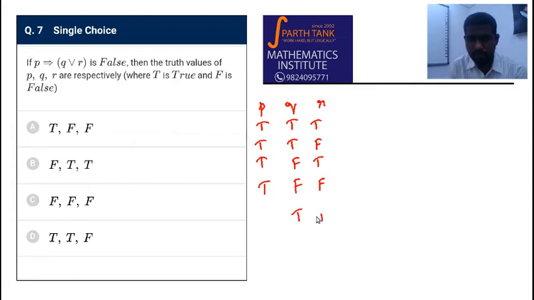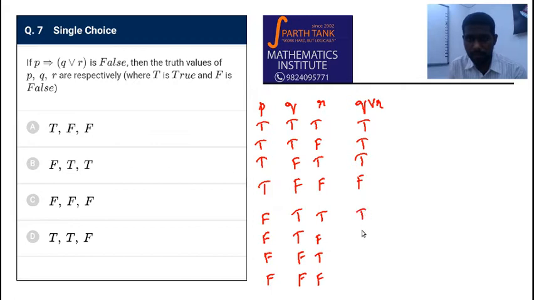And the same way I can have the same 4 cases and false for all the 4 cases. Now they are asking P implies (Q or R). Now Q or R here is true, this is true, this is true, and this is false. Same way, true, true, true, false. Because Q or R is false only when both are false. When either one is true, it is true.